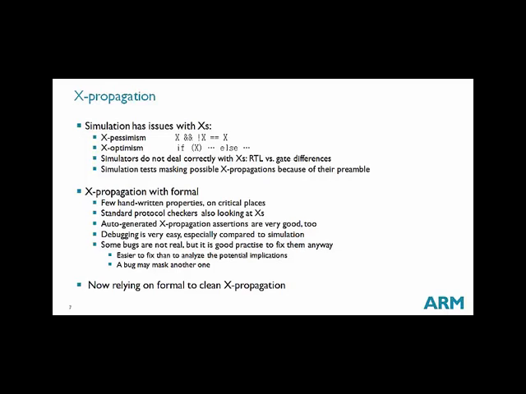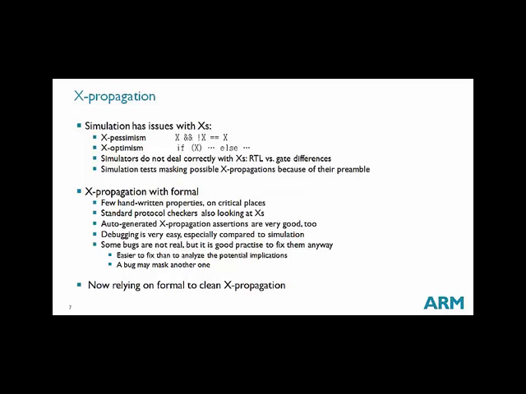Everybody knows here that in simulation we have a lot of trouble with X's because of X pessimism and X optimism, and usually they are combined, and two different simulators will not do the same.